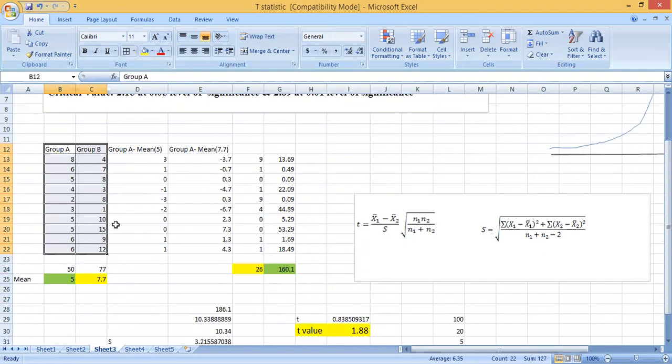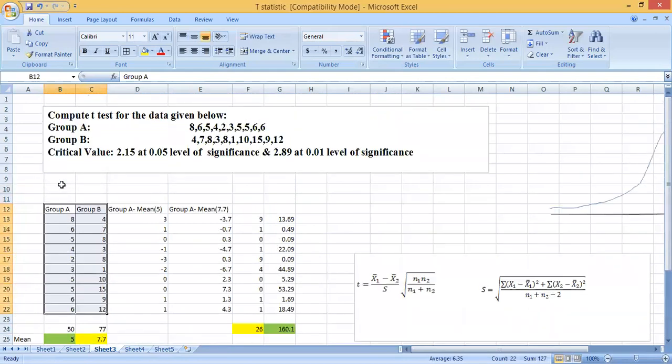Now we have to find the mean, because we have to follow the formula for the t-value: t equals x1 bar minus x2 bar divided by the standard deviation, multiplied by the square root of n1 n2 divided by n1 plus n2.